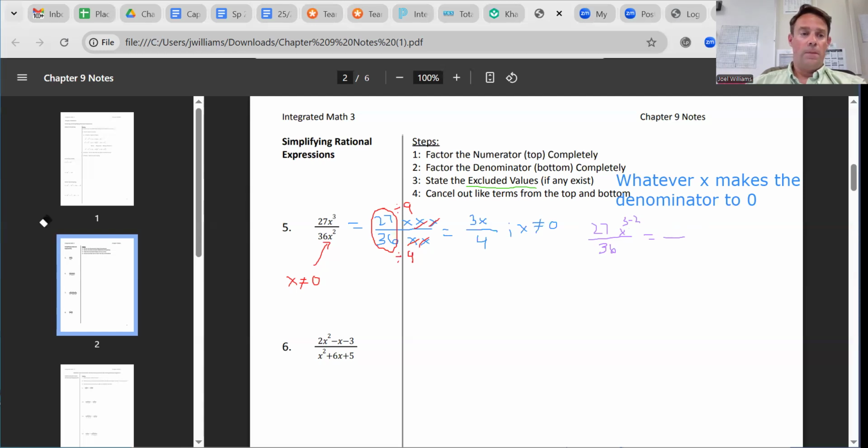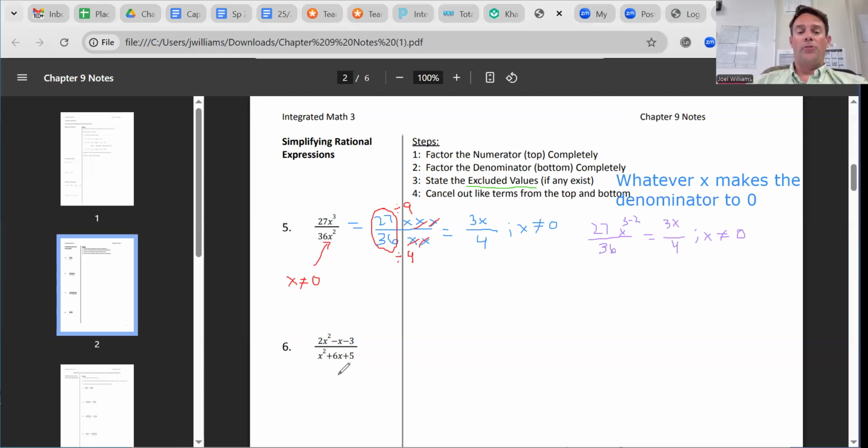Let's try that again. 3x, there we go, all over 4. And again, you make sure you keep that excluded value. x can't be equal to 0.